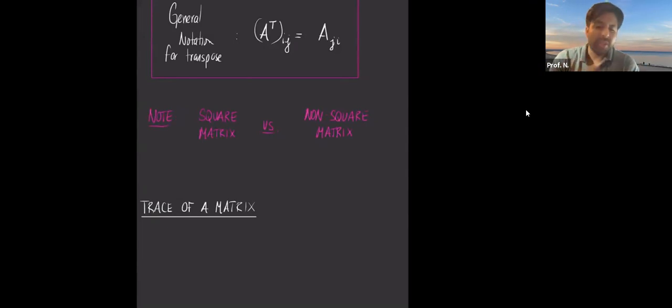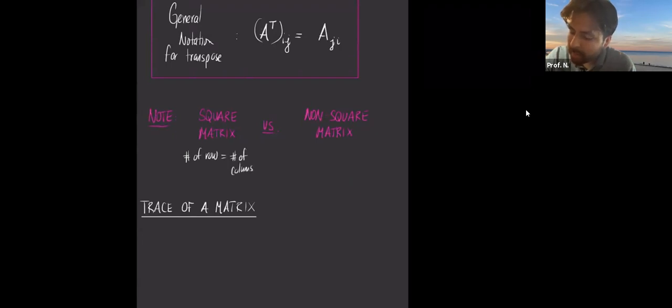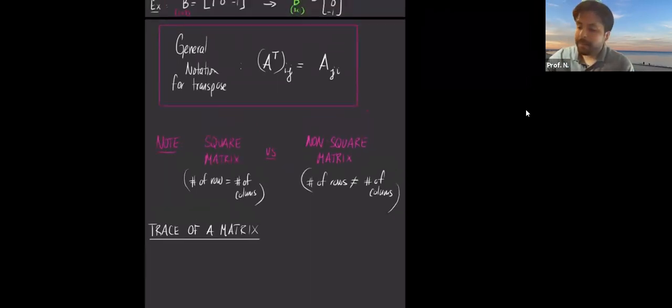So in order to talk about the trace of a matrix, I have to talk about the difference between a square matrix and a non-square matrix. A square matrix just means that the number of rows equals the number of columns. That's it. And a non-square matrix is where the number of rows does not equal the number of columns. That's important.